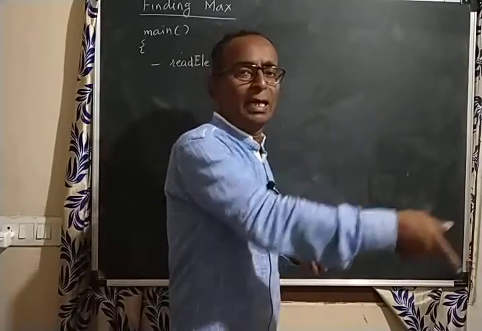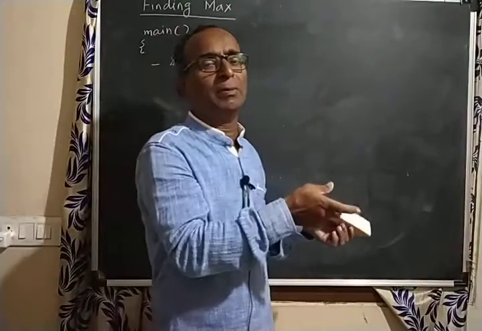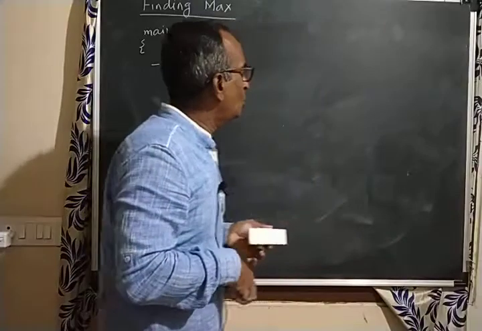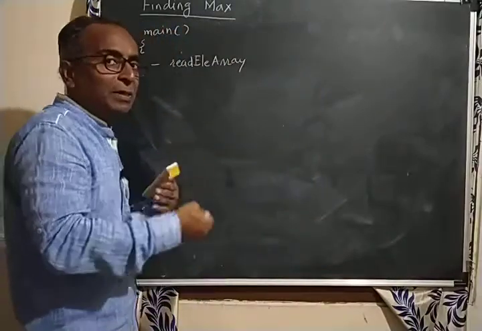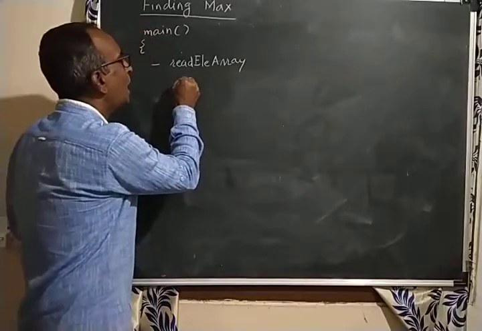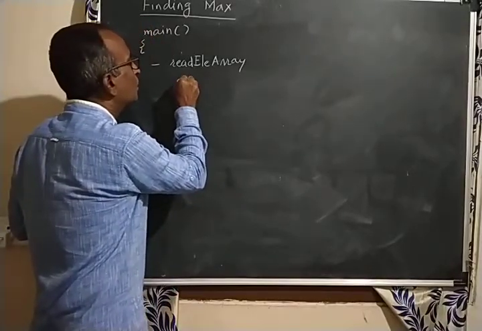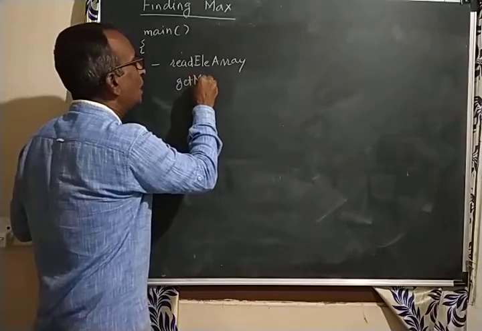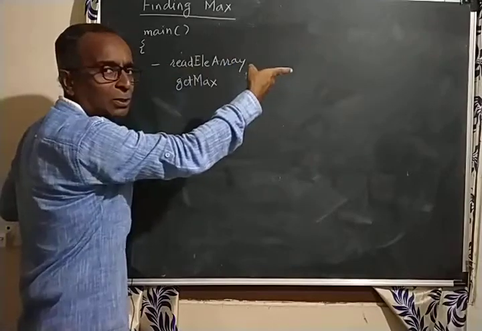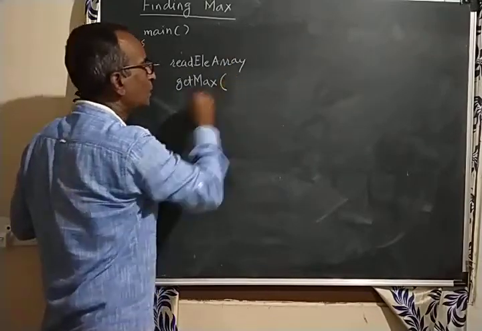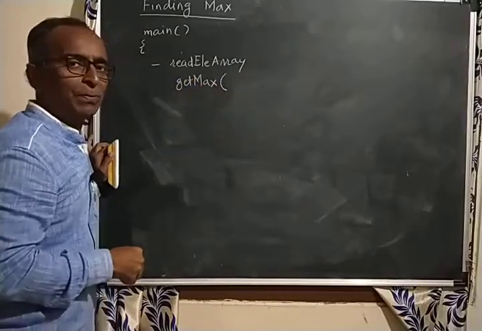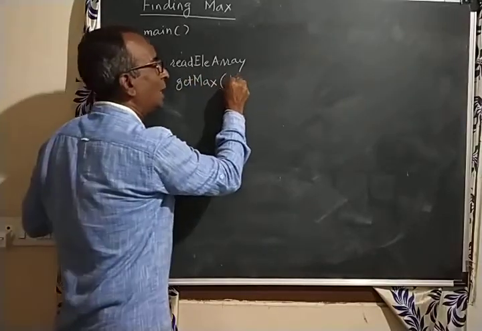So see, this is array, and you find maximum and give me the maximum value. So if I want to implement this scenario, what I am doing here, I am calling get max. What I am doing, see, I am not doing this actual processing. Get max should do for me. Function should do for me. What I have to pass? I have to pass the array.